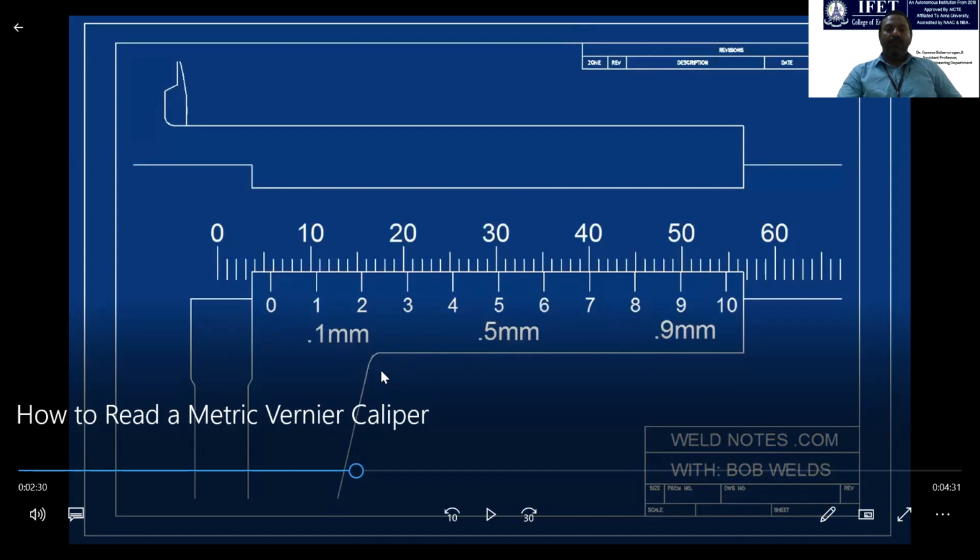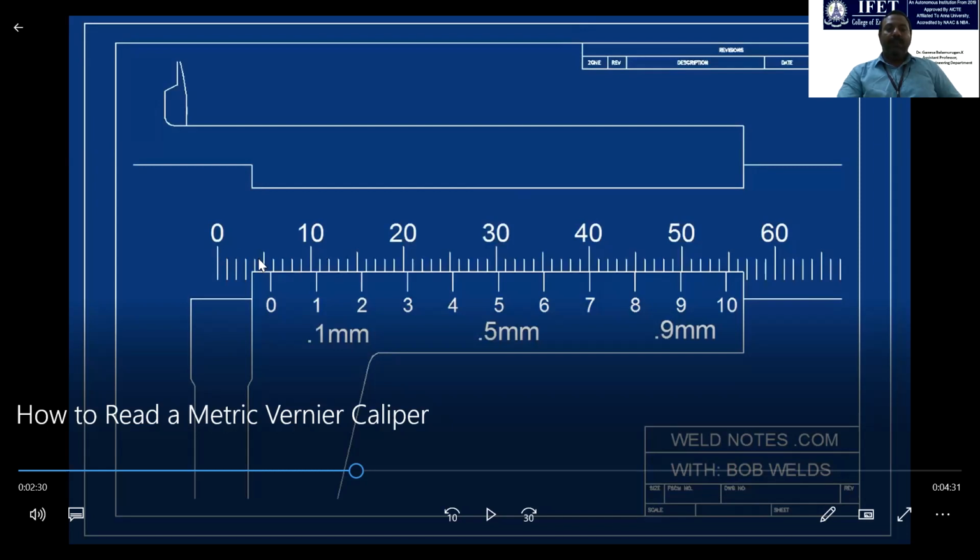This is how we have to read the major numerical values in the vernier scale. But in the main scale, you can see 0, 10, 20, which means directly you can read 0 mm, 10 mm, 20 mm, 30 mm, 40 mm.